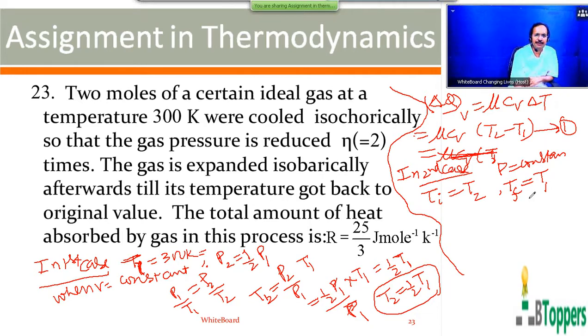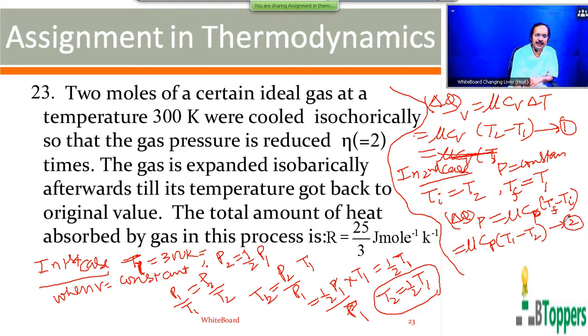So the final temperature is T1. Heat energy absorbed by the gas at constant pressure is nu Cp delta T, where delta T is the change in temperature, Tf minus Ti. Nu Cp is constant, so nu Cp into Tf, which is now T1, minus Ti, which is T2.